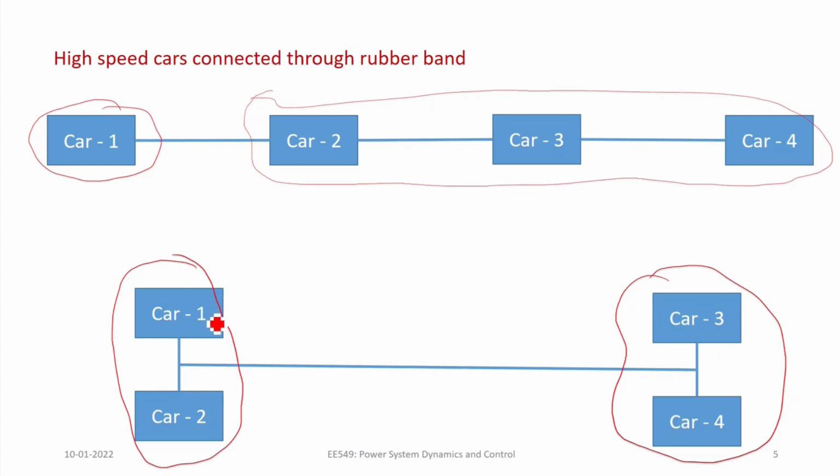So this is called coherency. This coherency is maintained within car 1 and 2 and within car 3 and 4. Whenever the disturbance occurs, there is a separation between these two groups, where group 1 consists of car 1 and car 2, and group 2 consists of car 3 and car 4. So this is called coherency, and we'll talk about it.